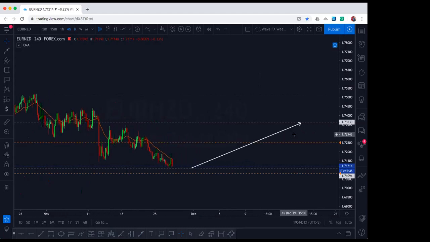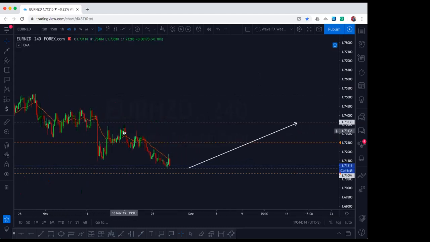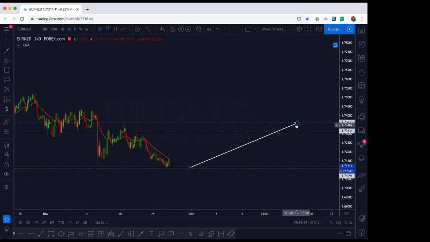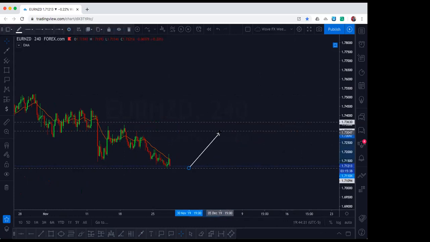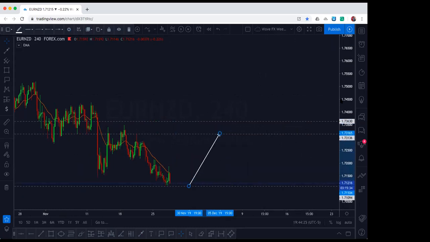Your areas that you want to be looking at would be in and around these levels here. These are your target points, right? 73.16. These are the levels that you want to be looking at for Euro NZD.